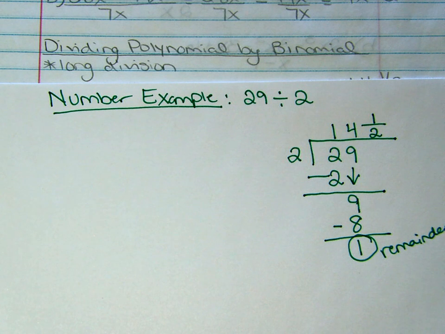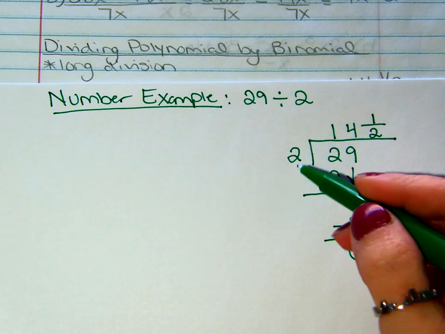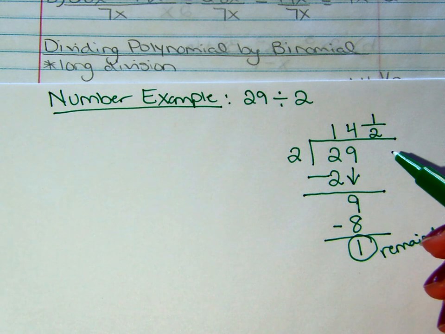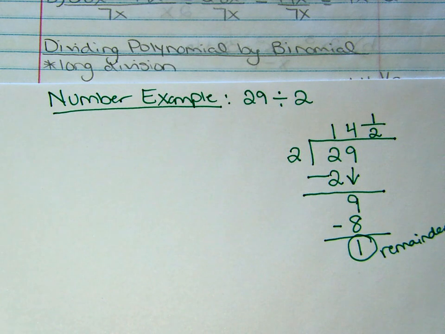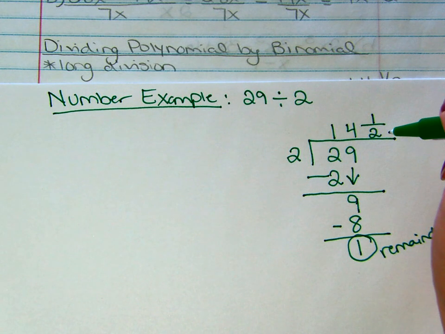But if this remainder had been 2 or 3 over like 4 or 5 different numbers, we could still write a fractional equivalent over here just like that. It always works. And that's how you're going to be expected to give your answers today with your polynomials, is by putting your remainder, if you have one, on top of what you were dividing by.